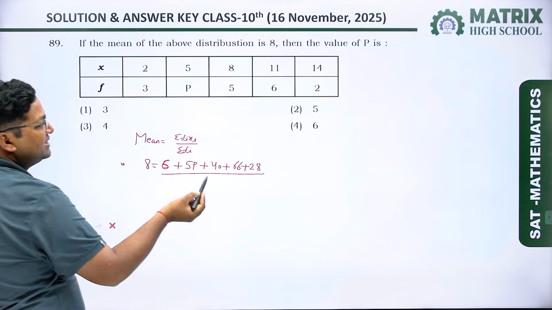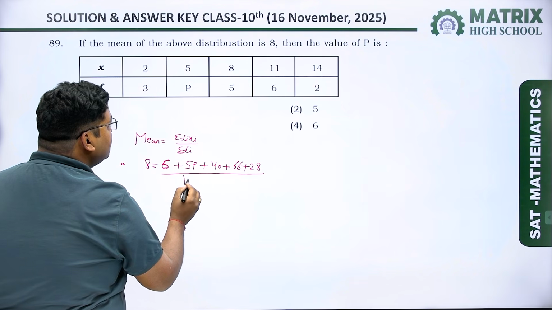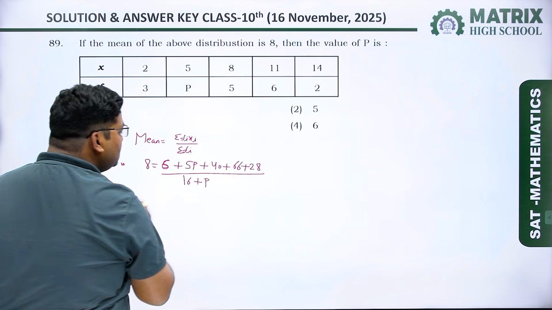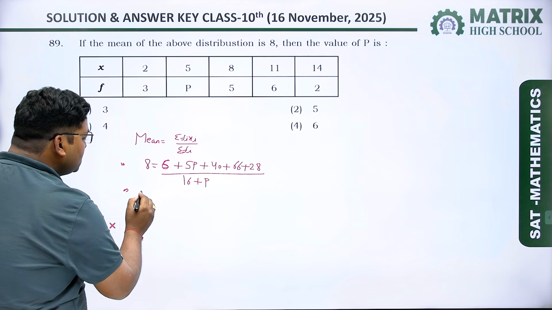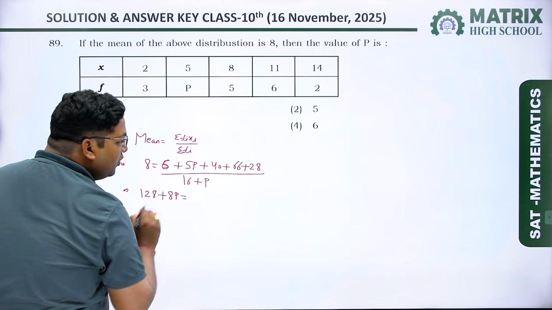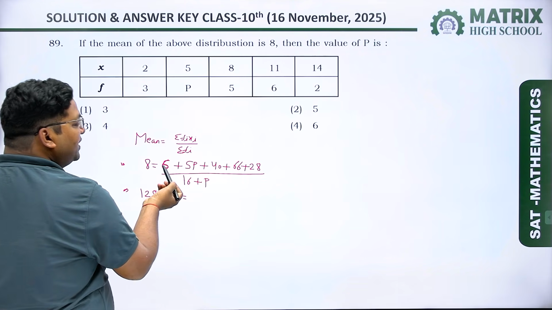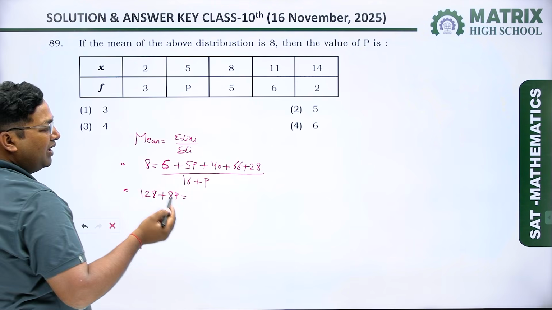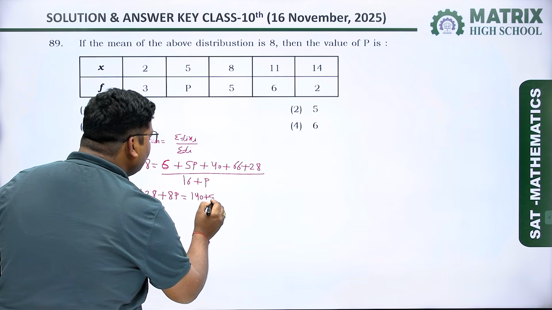So the sum of the frequencies: 6 plus 2 is 8, 8 plus 5 is 13, 13 plus 3 is 16. So it is 16 plus p. Now we have to do cross multiplication here. So 8 into 16 is 128 plus 8p is equal to 60 plus 40 is 106, 106 plus 6 is 112, 112 plus 28 is 140 plus 5p.